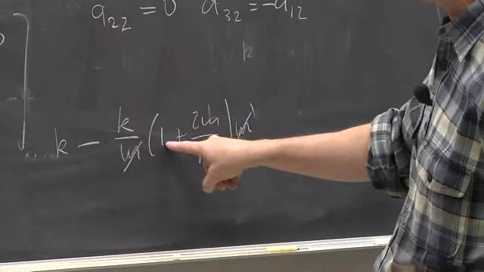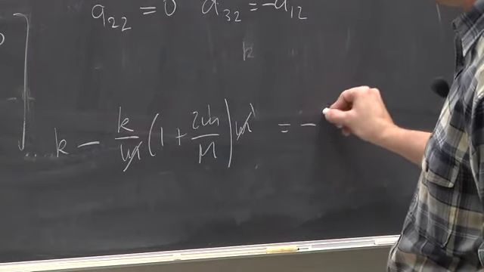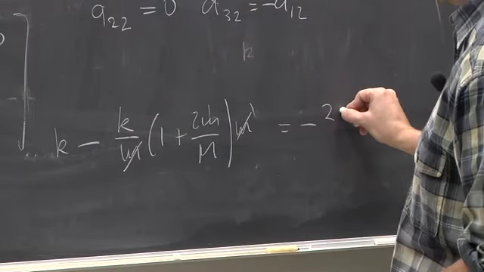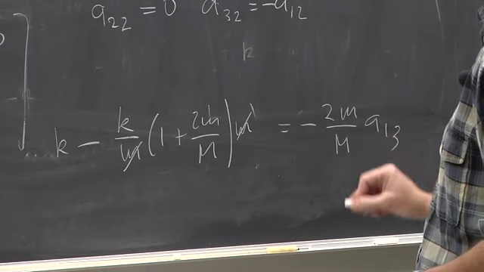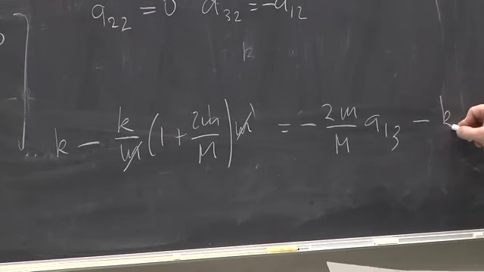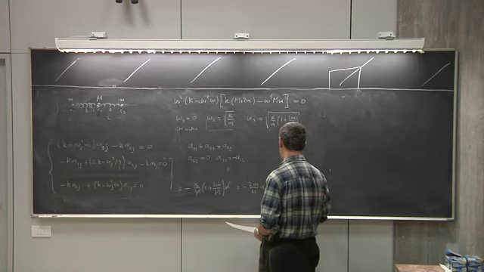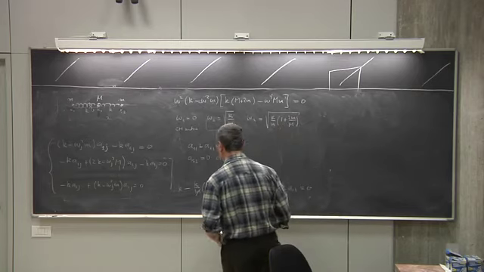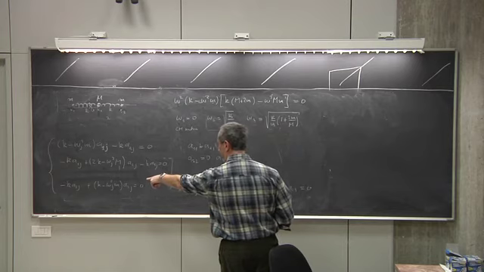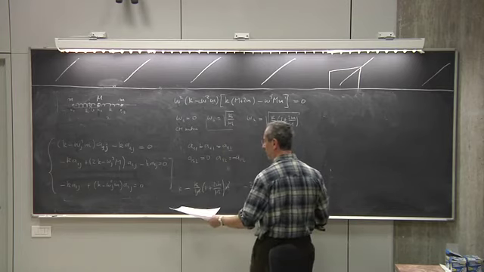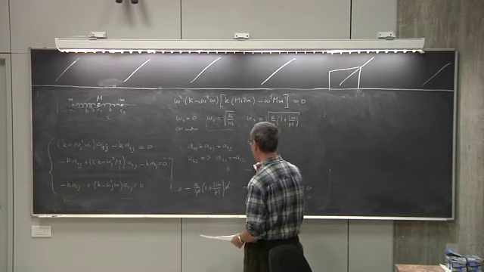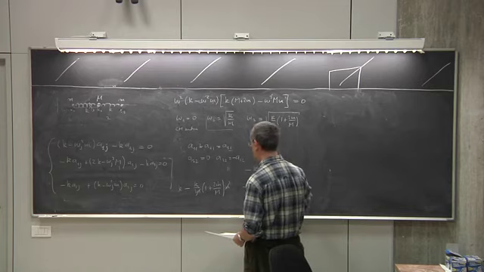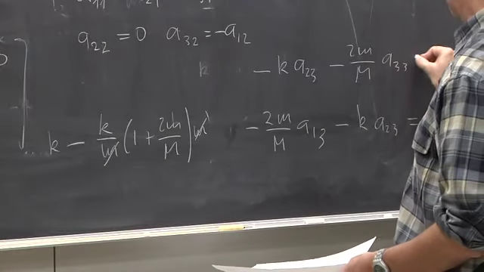Then k minus k is gone. Minus, so this is minus 2 m big M, times A13, minus k A23. So this is one equation. And from the one downstairs, I get something similar. Because now I decide that this combination is just minus 2m, so I must get minus k A23 minus 2 m big M A33 must be equal to 0.